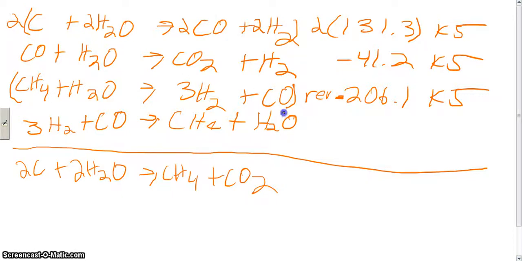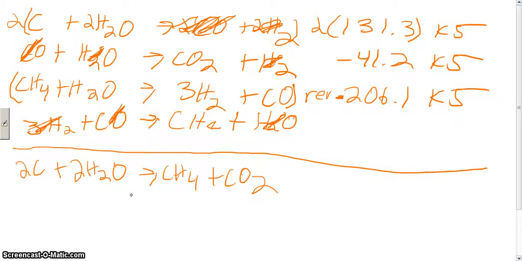So H2O cancels with H2O, 3H2 cancels with 3H2, and the 2 COs cancel with the 2 COs to give us our final reaction of 2 C's plus 2 H2O yields CH4 plus CO2.